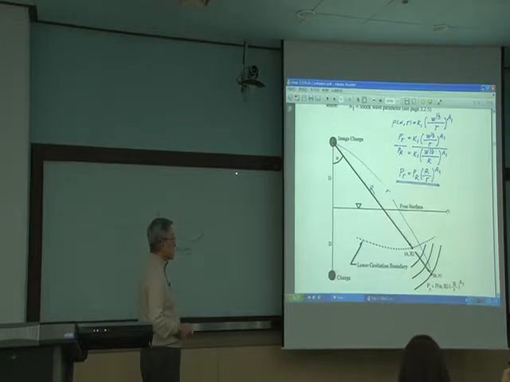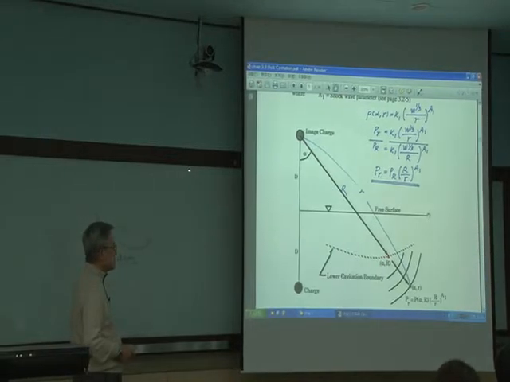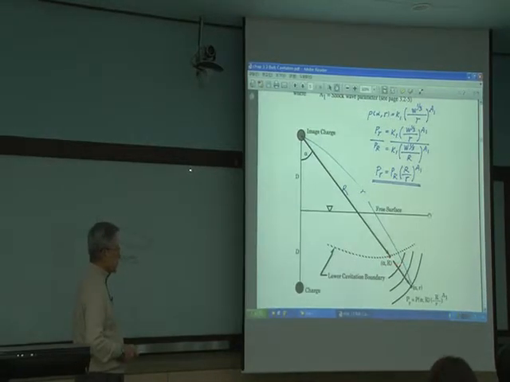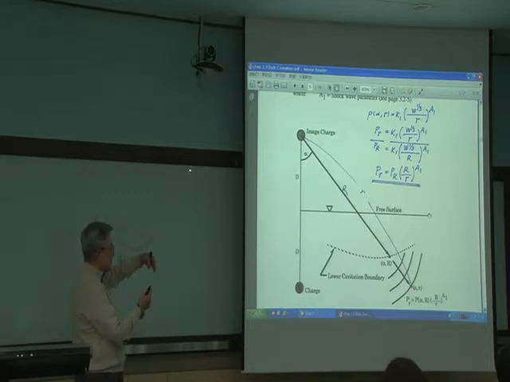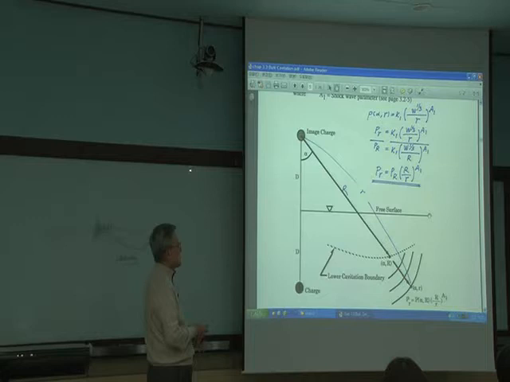So considering the decay rate of breaking pressure and the decay rate of absolute pressure, the decay rate right at the lower cavitation boundary has to be identical. That's the whole scheme.